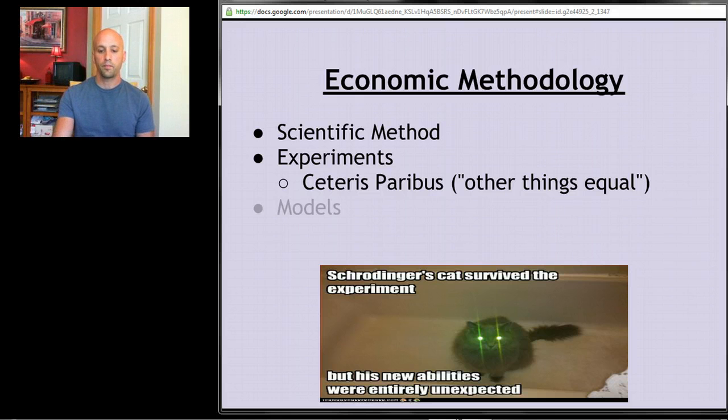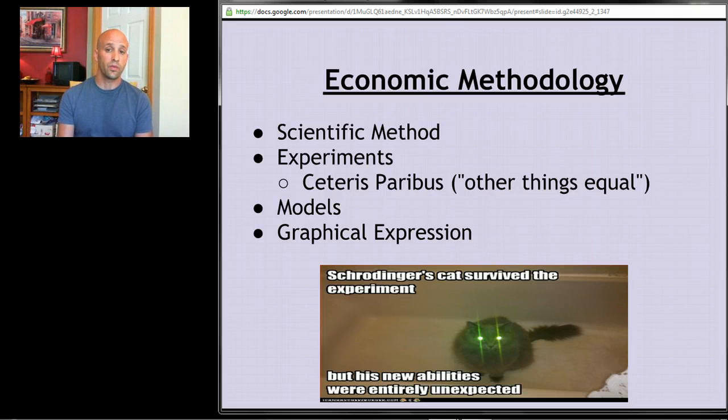Now, to do economics, since we can't just bring babies into labs, we form models. And a lot of the models are going to be in the form of graphical expression, graphs. Graphs are really important in economics, and models are really important. So for example, if I said to you, what's time? Tell me what time is. You might point to a clock and say, that's time, it's 2 o'clock. Well, when I look at the clock, I don't really see time.